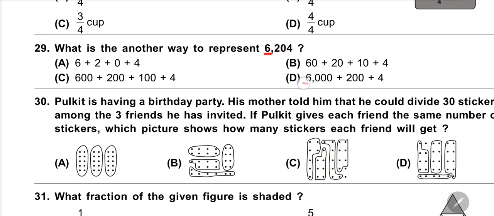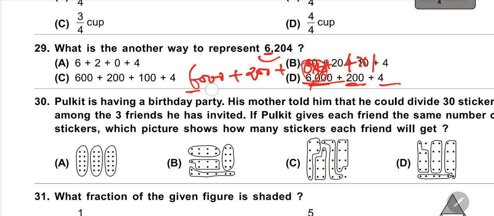It means here is 6000 plus 200 plus 4. So this is the answer. Why do we skip 0? Because you should write it this way: 6000 plus 200 plus 0 times 10 plus 4 times 1. 0 times 10 is 0, so we ignore this 0. So all the rest of the parts must be this one.